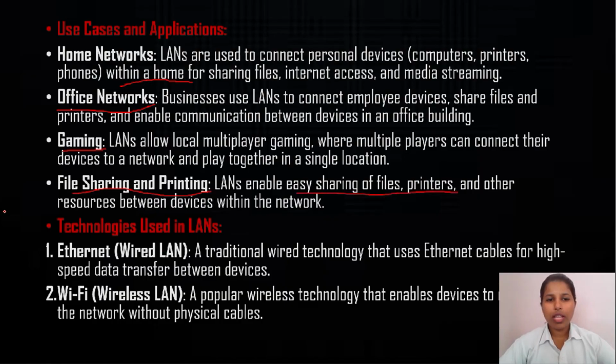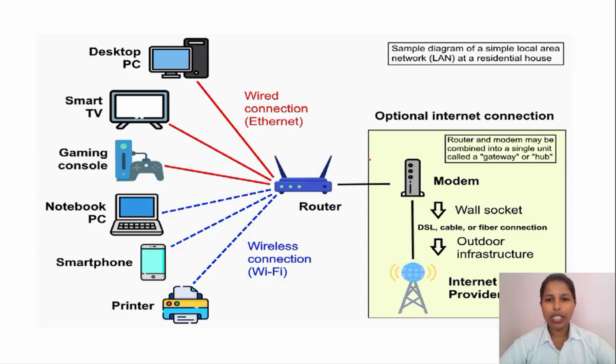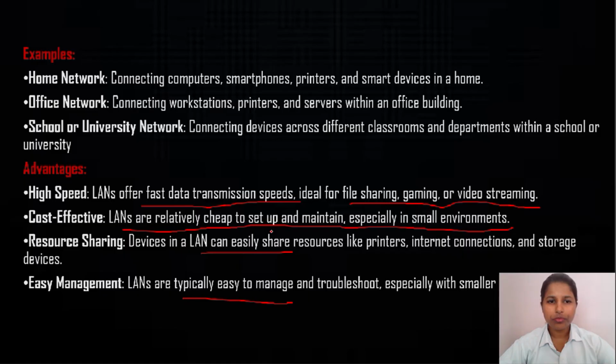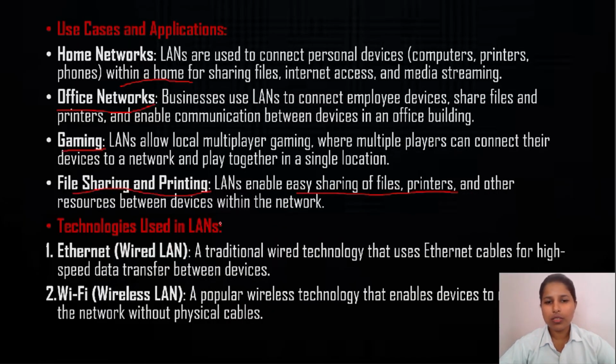As in the picture we show, it is connected with a wired connection of Ethernet and a wireless connection of Wi-Fi. So these are the technologies used: Ethernet is the wired LAN, and then there is the wireless LAN. I hope you understand from the picture.